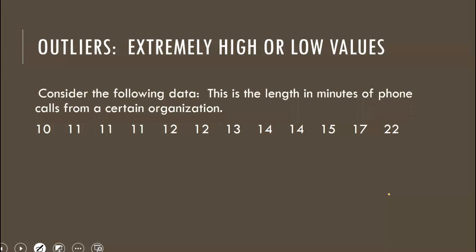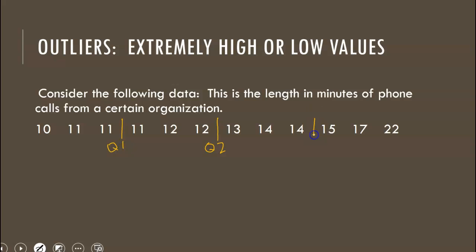But in order to do that, we want to think about what the numbers would look like in a box and whisker plot. If we were to make a box and whisker plot of this, the median value would be 12.5. This would be our Q2 value. Then we'd have our lowest half, and we would divide that in half, and that would give us our Q1 value.